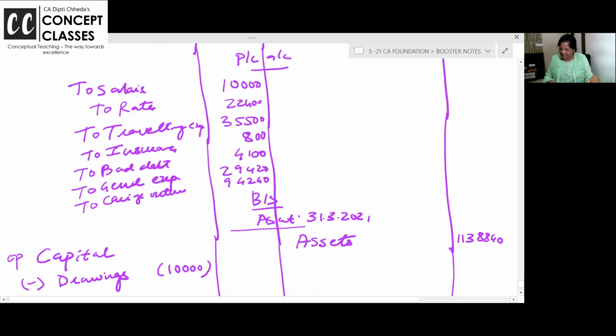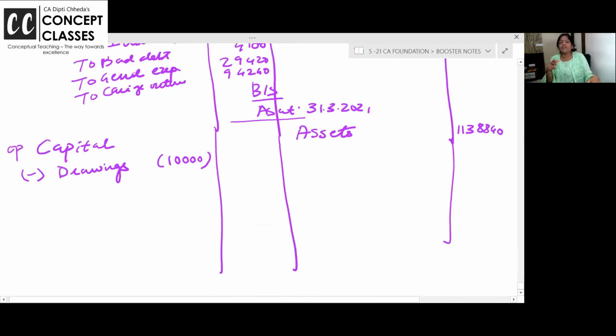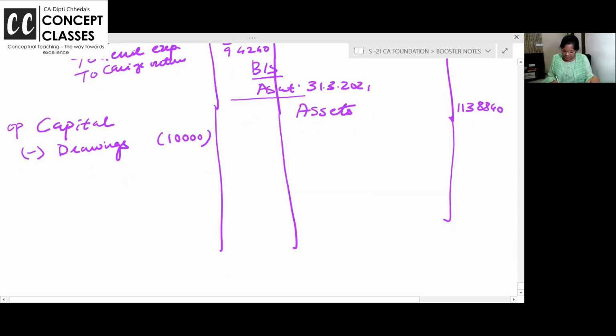P&L balance is there. Last year's profit. Listen, dear students. Generally, last year's profit is added to the capital. But here they are not doing like that. So last year's profit, we will write it separately here. Profit and loss, opening balance, last year's inner column.